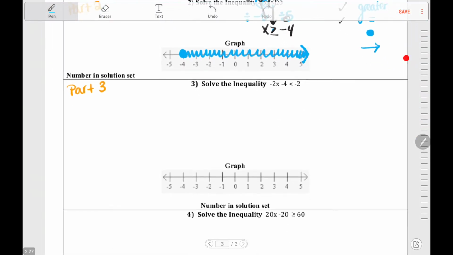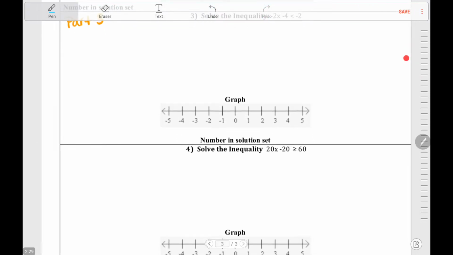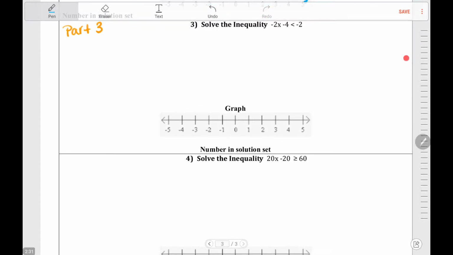Alright, so part 3, same thing. We are now just doing 2-step inequalities. Actually, you know what? I'm going to rewrite this one over to the side so that we have more room. Okay.